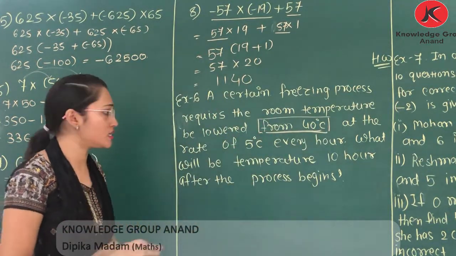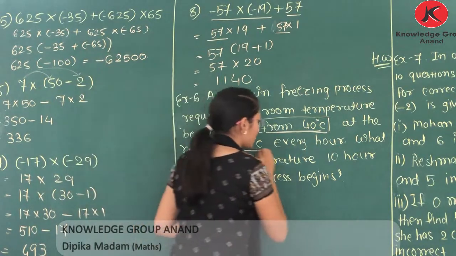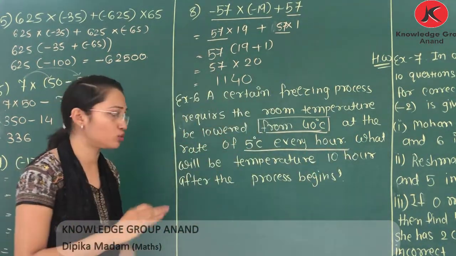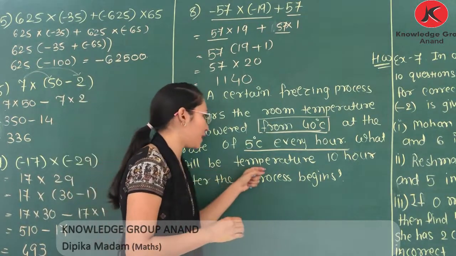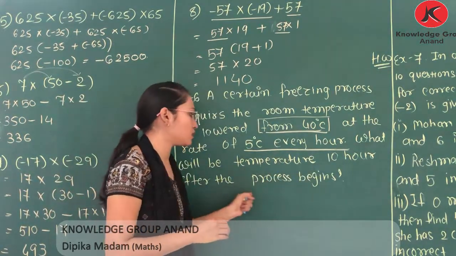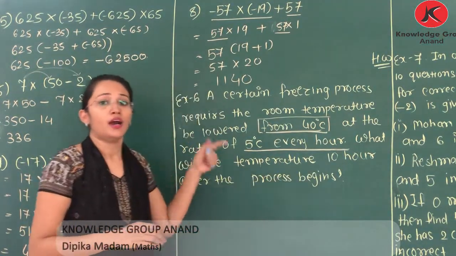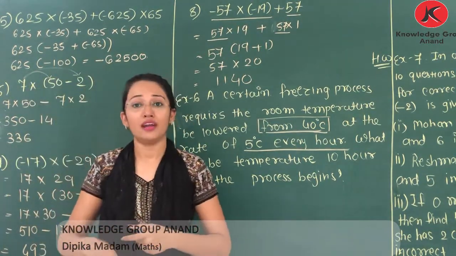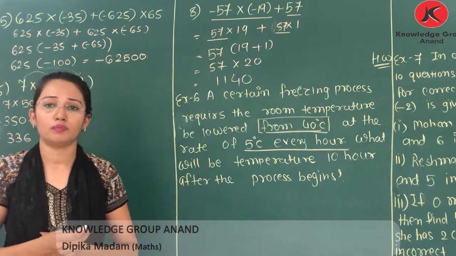It is decreasing 5 degrees Celsius every hour. In one hour it decreases by 5 degrees Celsius. What will be the temperature 10 hours after the process begins? So now it is 40 degrees and lowering, so what will its temperature be after 10 hours?